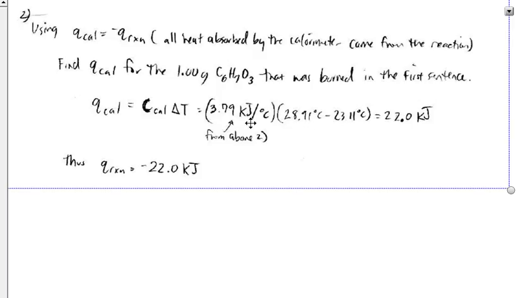Then you use your capital C cal from part 1, and you can find the amount of heat energy released when 1 gram of this substance burns is 22 kilojoules. Thus, the heat of the reaction is negative 22 kilojoules because we actually increased the energy in the calorimeter.